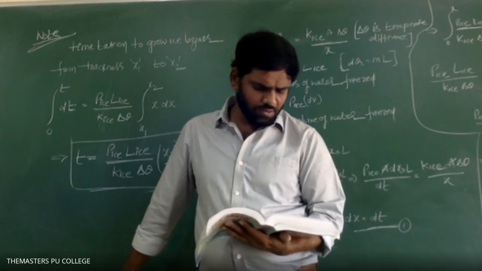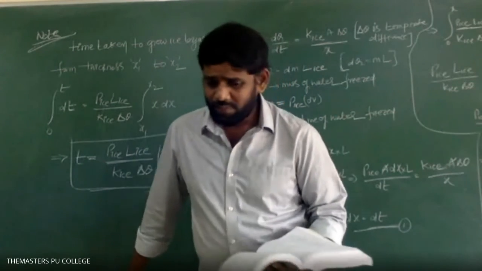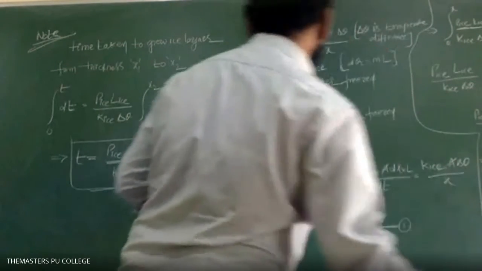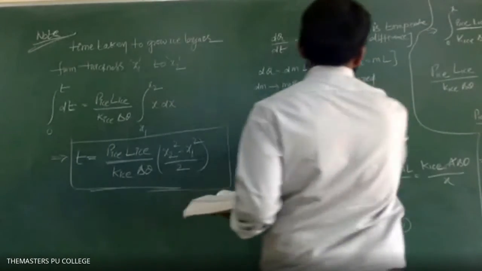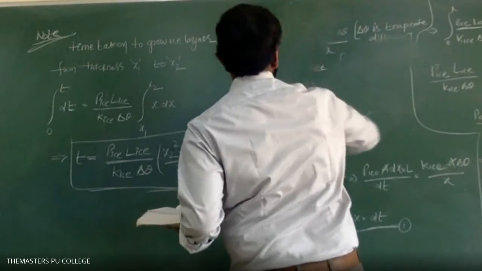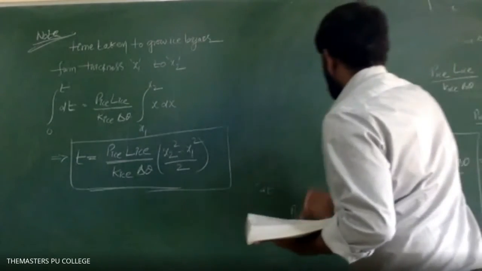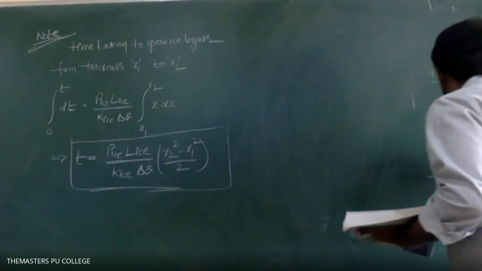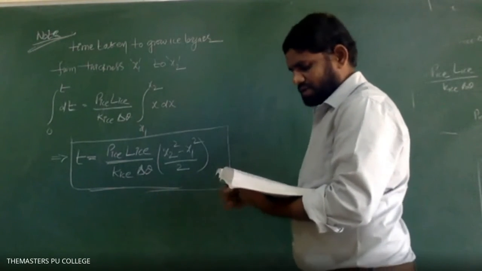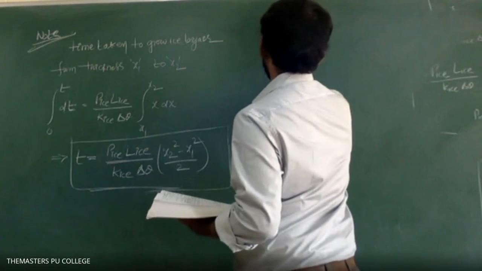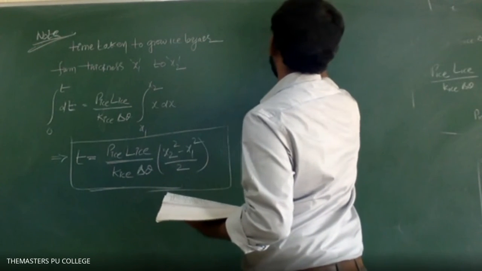Even though it is a solved problem, let us have a look at this problem. First of all, what have they given? The ice layer thickness initially, x1, is equal to 3 centimeter.